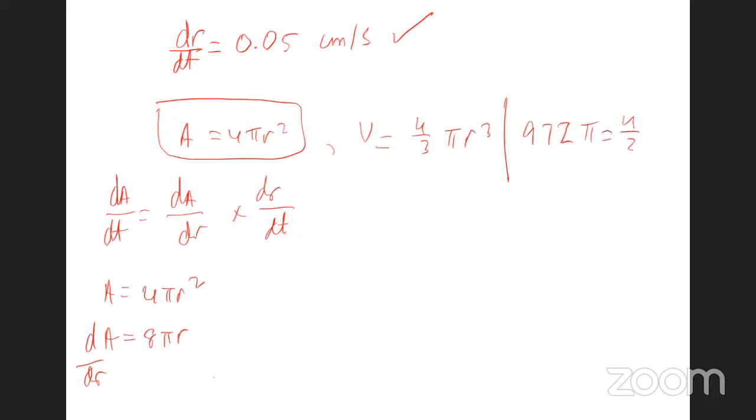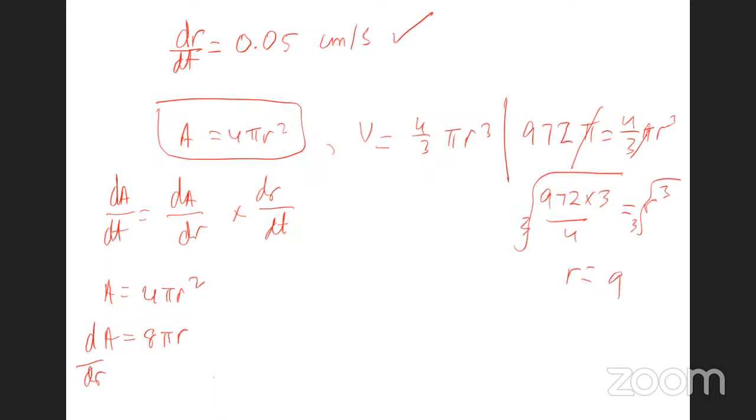That's equal to 4/3 pi R cubed. Are you okay with that? So the pi's will cancel, carry across the 3 and divide by 4. So that's 972 multiplied by 3 divided by 4 equals R cubed. And then you cube root the whole thing. How much did you get? 9, so R is 9.